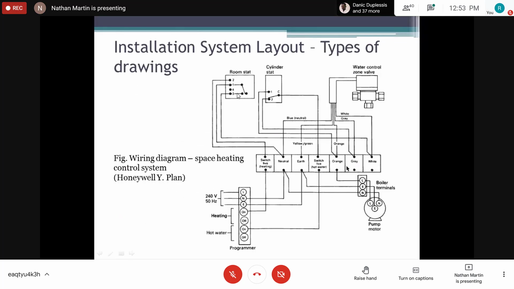It shows you the different connections and how it's connected to the controller, right? So it shows you the detailed wiring of the circuit. It is telling you that terminal 1 right here should be connected to the gray terminal in the controller, and the gray terminal in the controller must be connected to the gray of the water control valve and so forth. So I give you a detail.